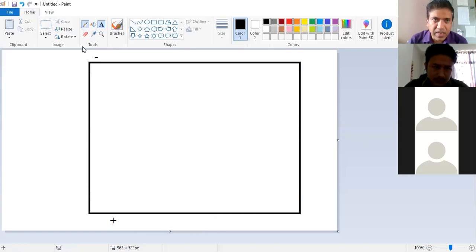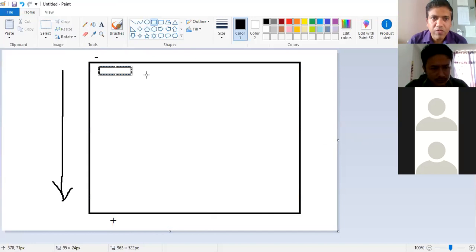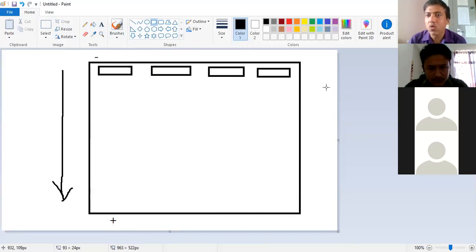So the DNA will move in this direction. And then here we used to have the depressions in the gel. So these depressions in the gel are called wells. So what you will do, you just take your DNA sample, having mixture of DNA molecules, and put it into these wells and switch on the electrophoresis.